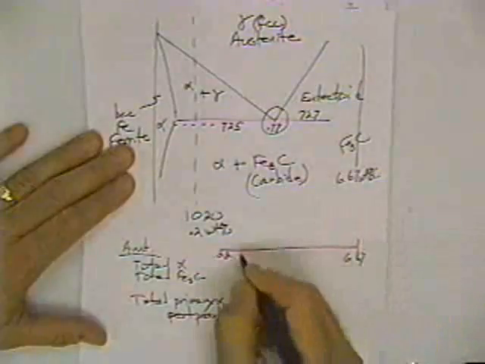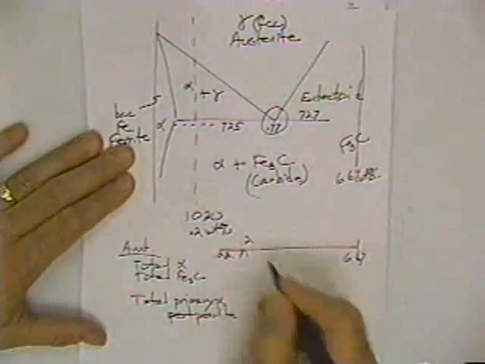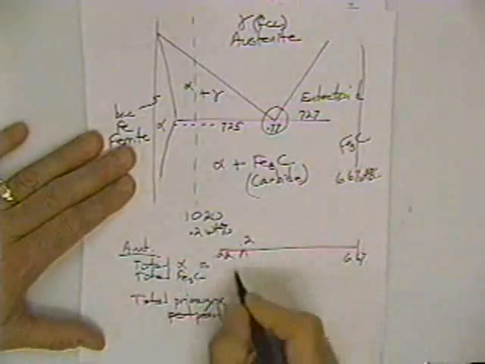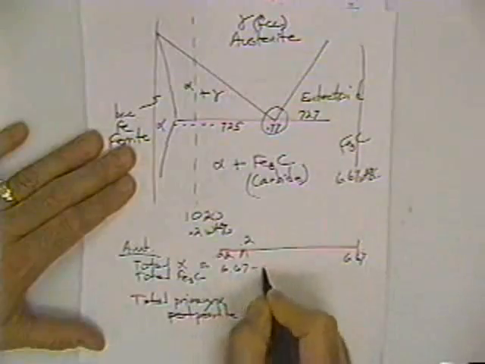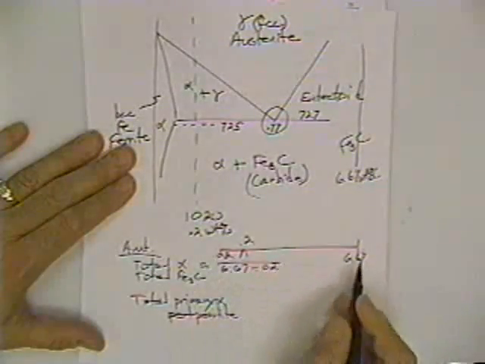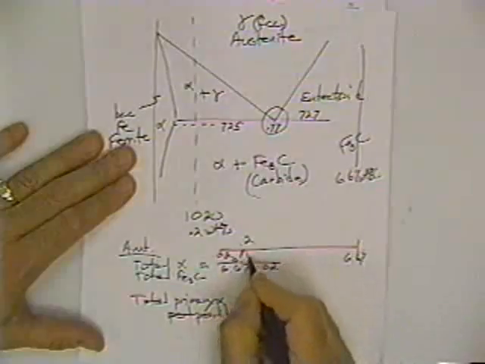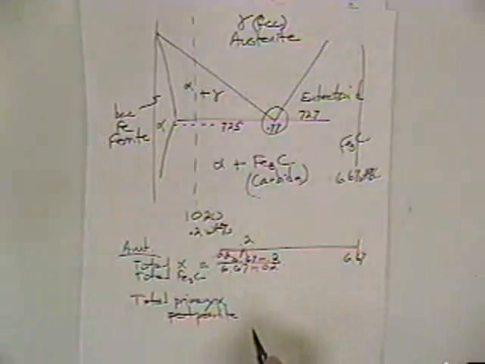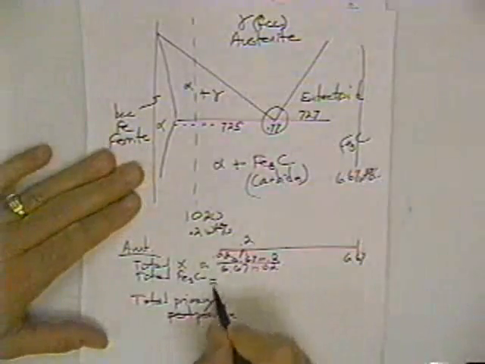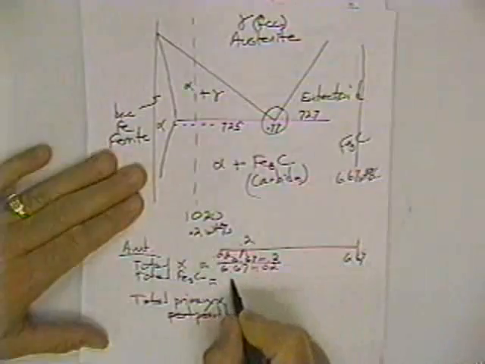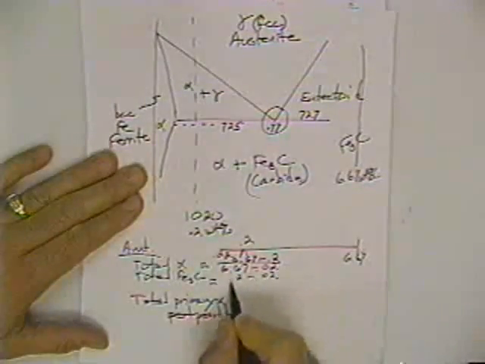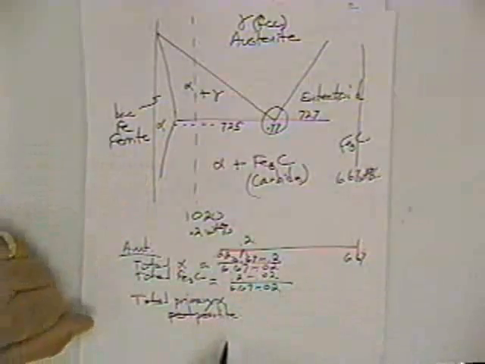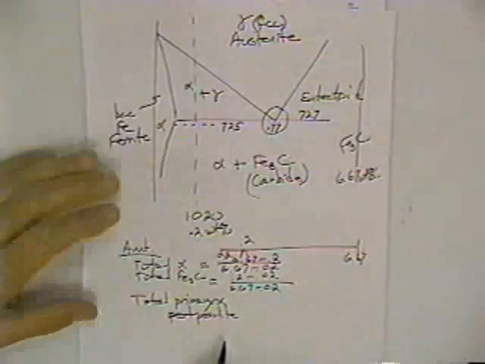So it would be 6.67, and we're at 0.2. So the total alpha is going to be equal to 6.67 minus 0.2 over 6.67 minus 0.02. And now that's not surprising, as it looks like it should be mostly alpha. The iron carbide is going to be a smaller amount, so it's going to be 0.2 minus 0.02 over 6.67 minus 0.02. So that'd give us the total alpha and iron carbide.